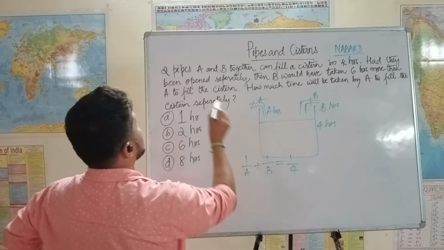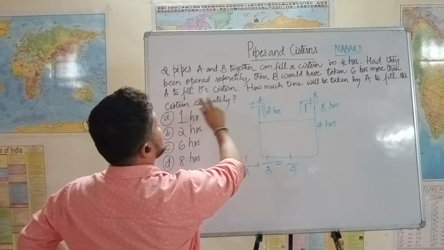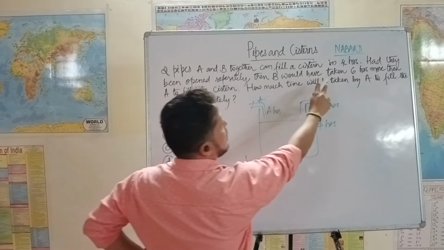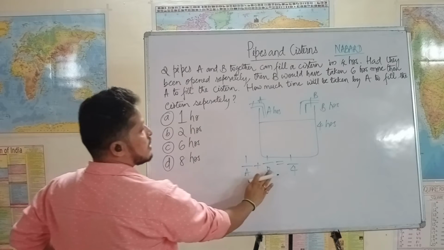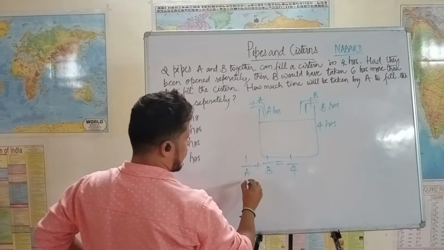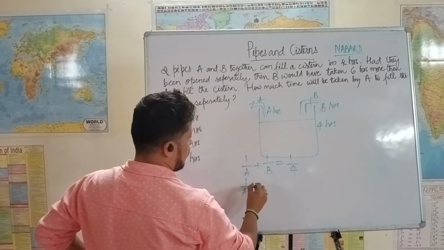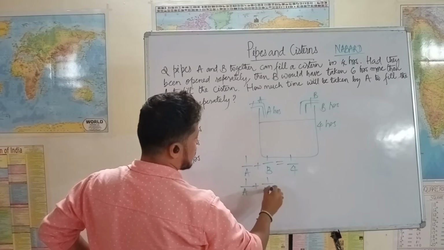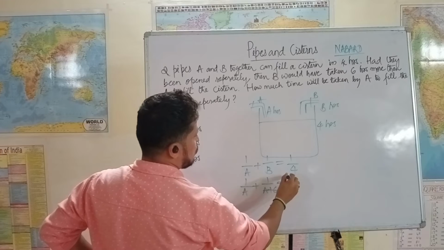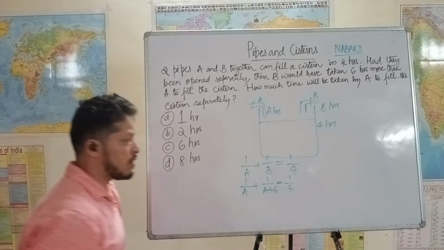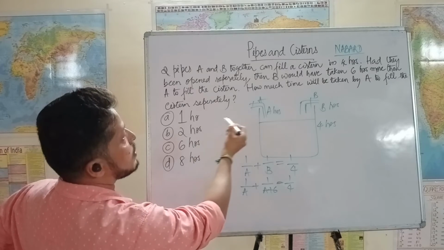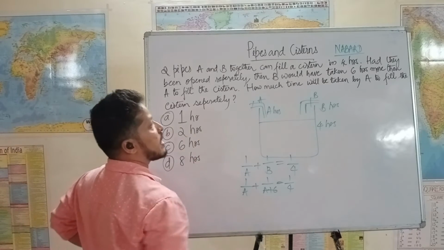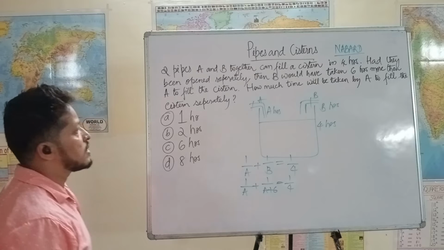Now the second sentence says, had they been opened separately, then B would have taken 6 hours more than A. So I can write 1 by A plus 1 by A plus 6 is equal to 1 by 4. Let's find the value of A first, because that is what they have asked: how much time will be taken by A to fill the system separately?